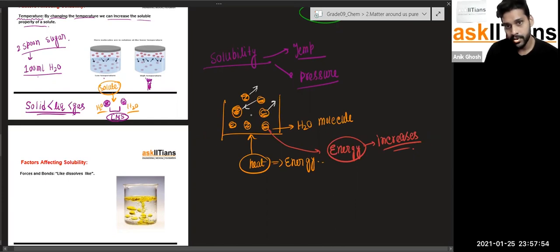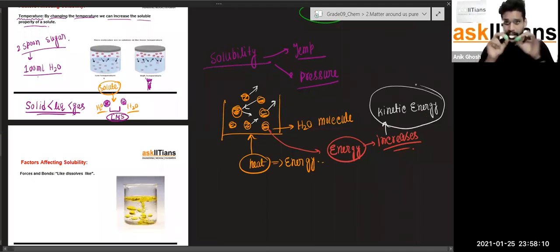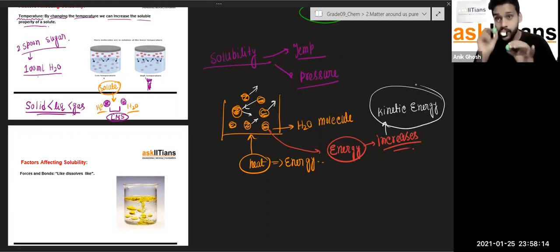Because this energy gets converted into kinetic energy, isn't it? So if we just keep on heating this object, they would start moving here and there. The water molecules, the solvent molecules, would start moving from here and there, here and there.